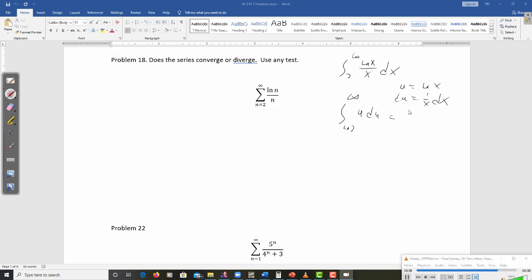So that is ln of 2 to infinity of 1/2 u squared. And that is definitely diverging, because as you take u to infinity, this goes to infinity, and ln of 2 isn't going to cancel anything out.